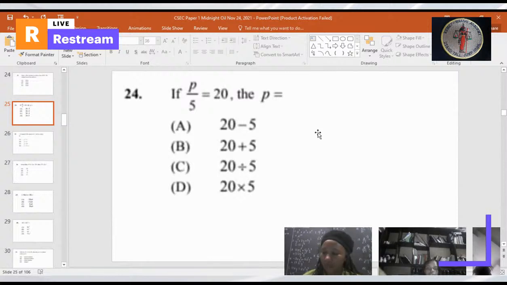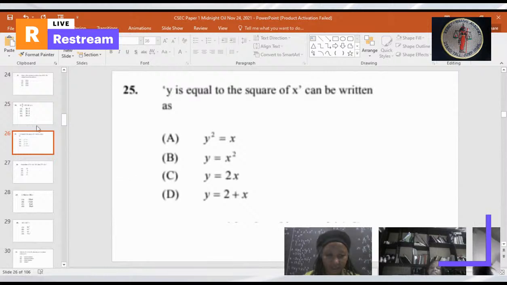Basically, we multiply p over 5 by 5 over 1 to get rid of the denominator, and what we do to one side, we have to do to the other. So it would be 20 times 5 over 1. What letter is that? D, miss. D, correct.